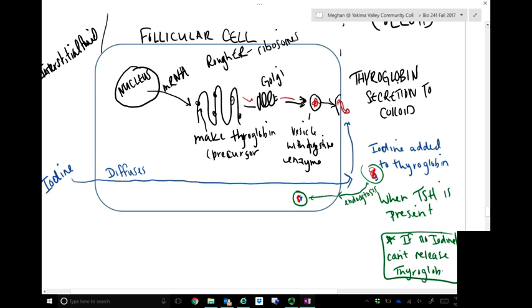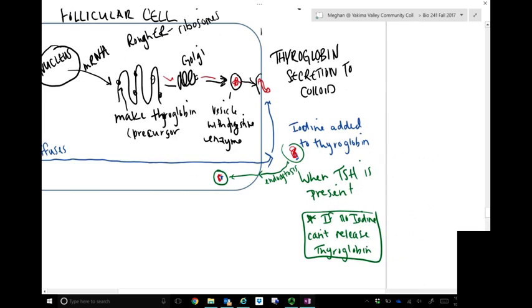This is one of the symptoms: if you aren't making enough T3, T4, you end up not being able to release thyroglobin, and it leads to an enlarged thyroid gland. Because all of those follicles get enlarged because they're making thyroglobin. It keeps filling up with thyroglobin, but it can't be released because there's no iodine to attach.